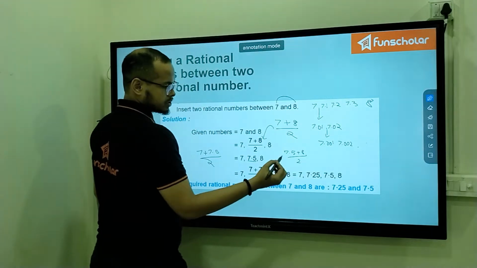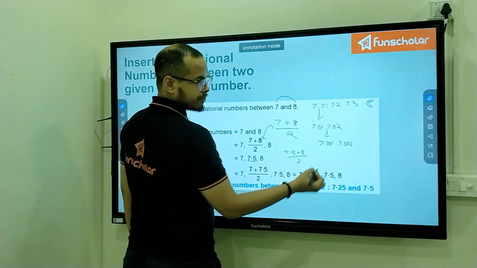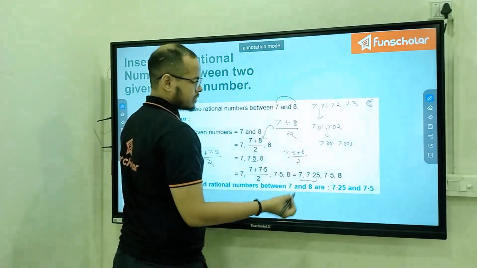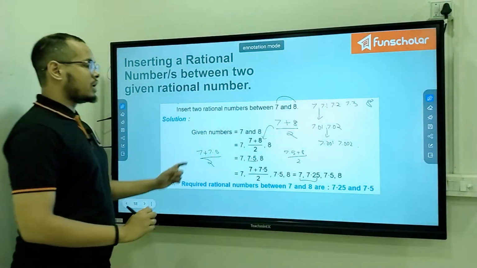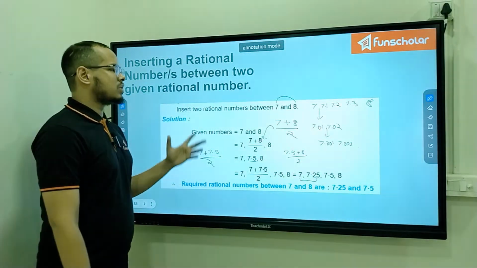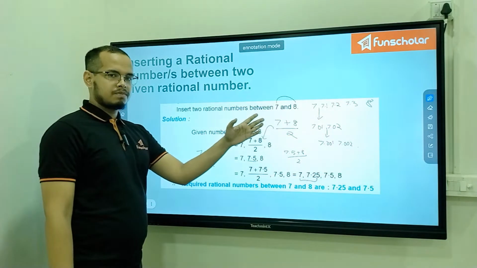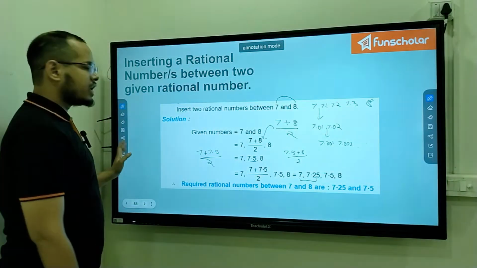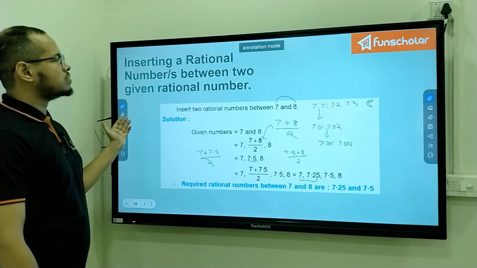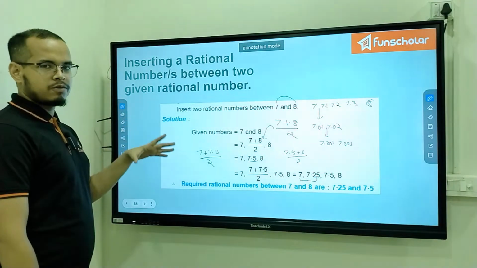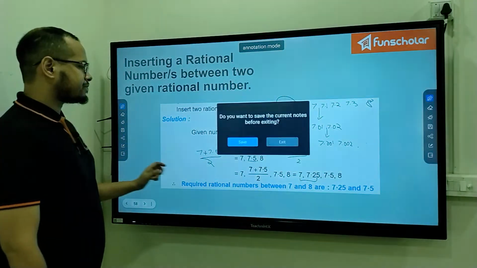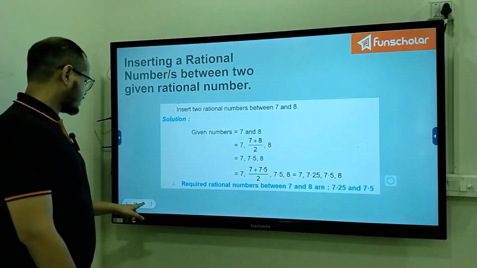We're getting more numbers. We keep on finding the average, we keep on finding numbers in between. This is also a method, but it is mainly utilized for natural numbers or whole numbers. Integers as well, but we'll prefer to do rational numbers in the format that I have shown you in the last example.